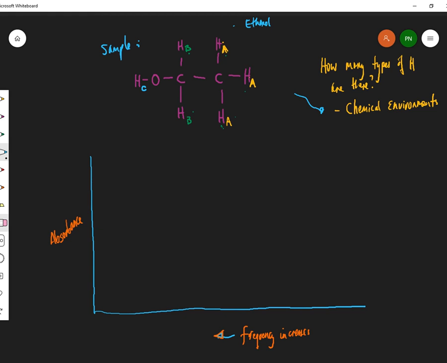So in this particular molecule, there are three chemical environments for our hydrogen atoms. And don't forget, we're looking at hydrogens because in each hydrogen atom is the proton, and that's the one we're trying to look at. Remember? So there are three chemical environments.